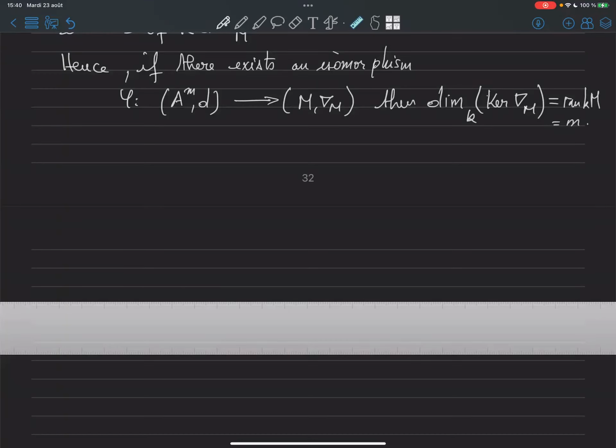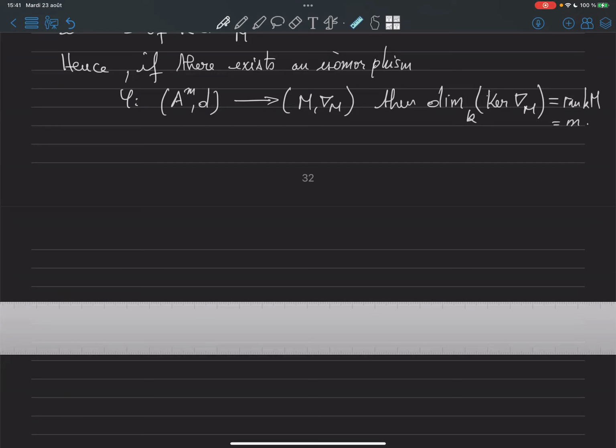In that case, if we have an isomorphism between a differential module and the trivial module, we will say that it is a trivial module. And in particular, if my differential module admits a maximal set of solutions, which means that the dimension is exactly equal to the rank of M, then we will say it is trivial.